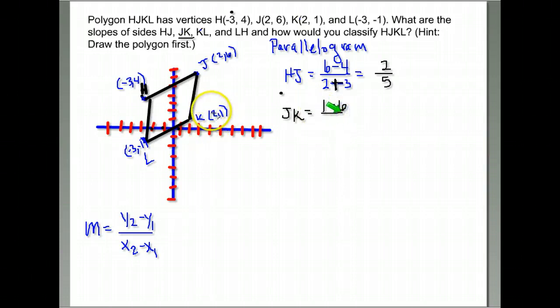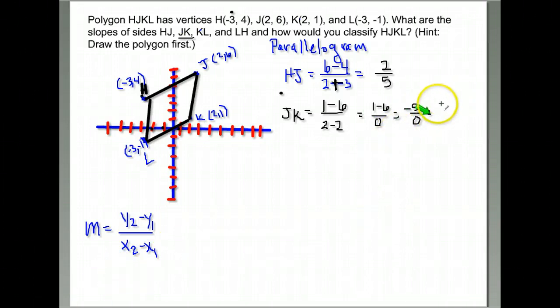Then we subtract our x's. Our x's are 2 and 2. That gives us 2 minus 2. I get 1 minus 6 over 0, which is negative 5 over 0.